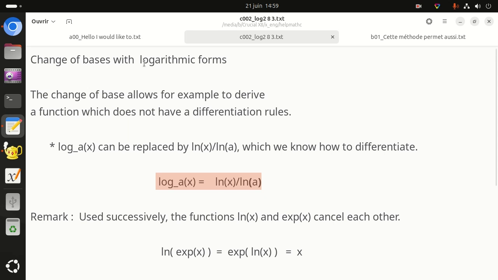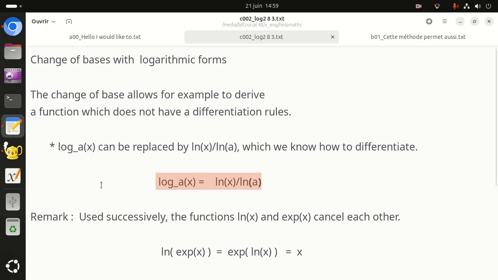Change of bases with logarithmic form. The change of base allows, for example, to derive a function which does not have differentiation rules.